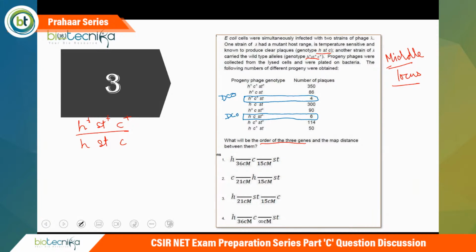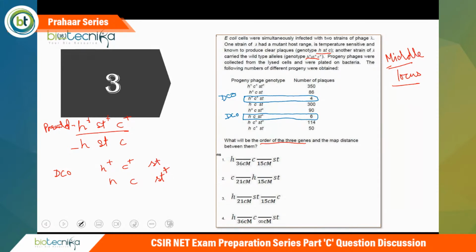We have the parental types written here. In the parental, one chromosome has all plus, plus, plus, and the other chromosome has the recessive alleles. Now write down the double crossovers: H plus, C plus, ST, and H, C, ST plus.